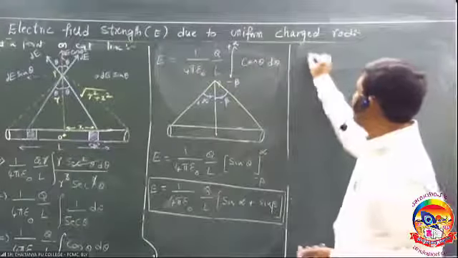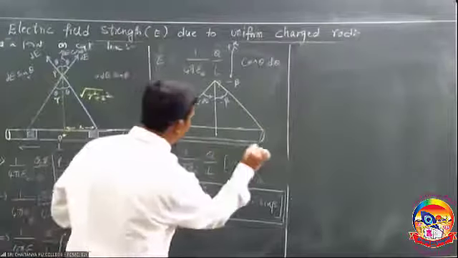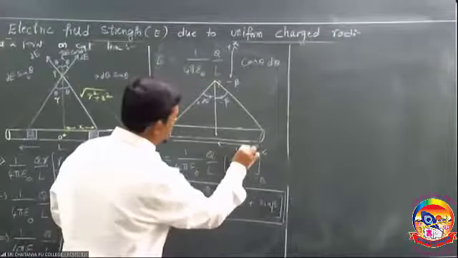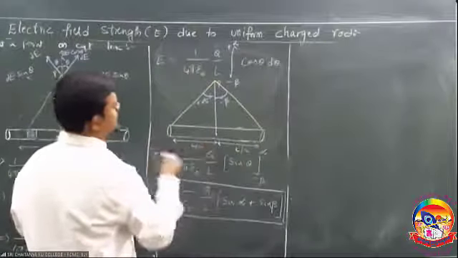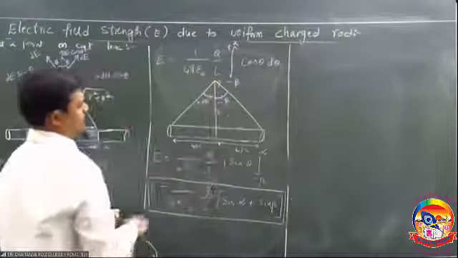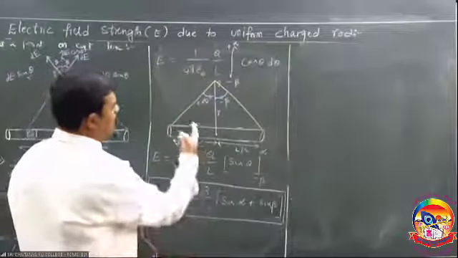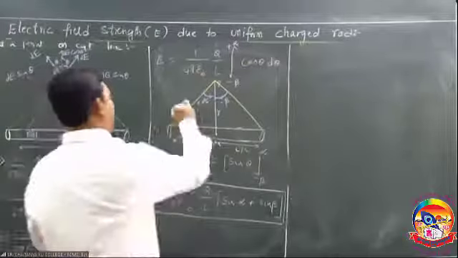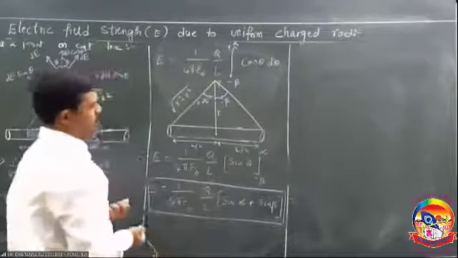Sometimes the same formula from the diagram: if this is total L, from here to here L by 2, from here to here L by 2, and this is R, then what is sin alpha, what is sin beta, and this is root of R square plus X square.